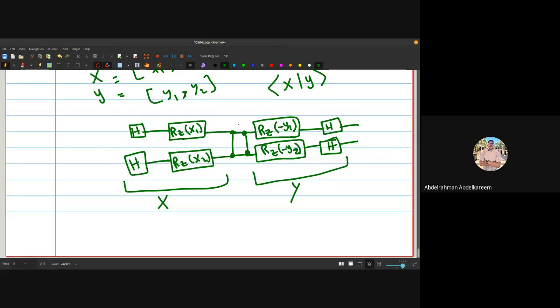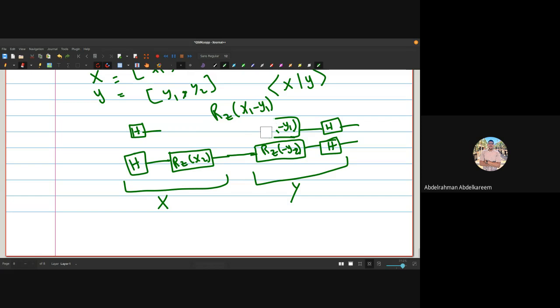If you take a look here, controlled Z and controlled Z will cancel out, and then we have rotation Z and rotation Z, which is actually a linear operator. So we can replace these two gates with only one gate, which is RZ of x1 minus y1.